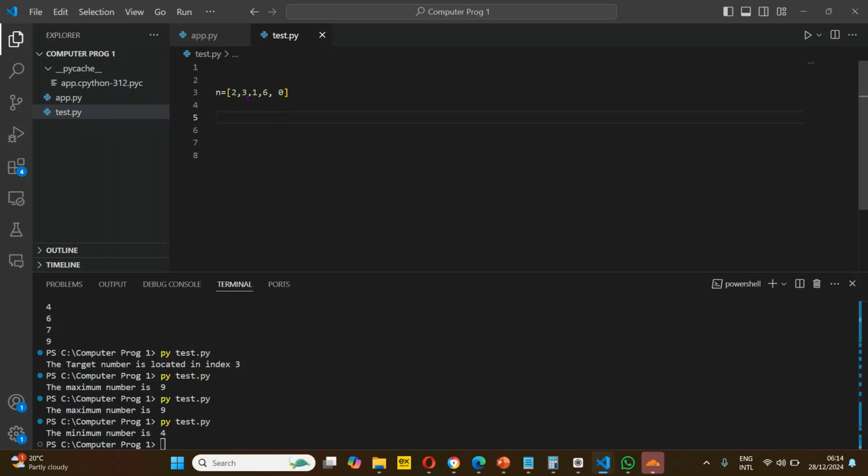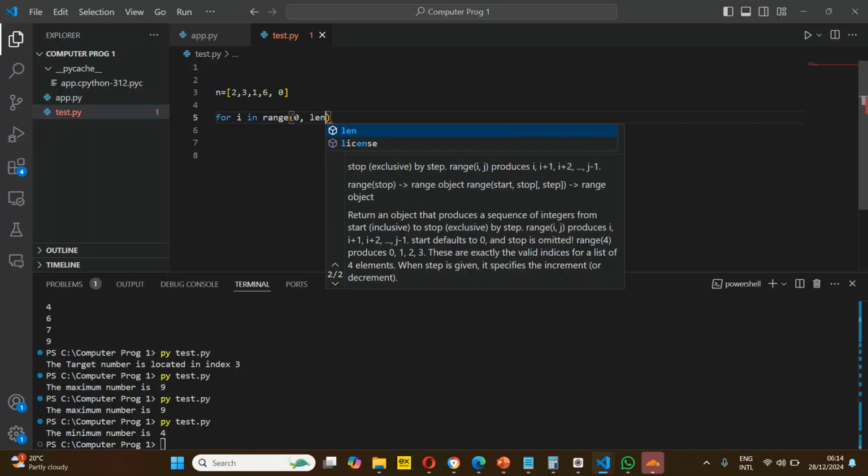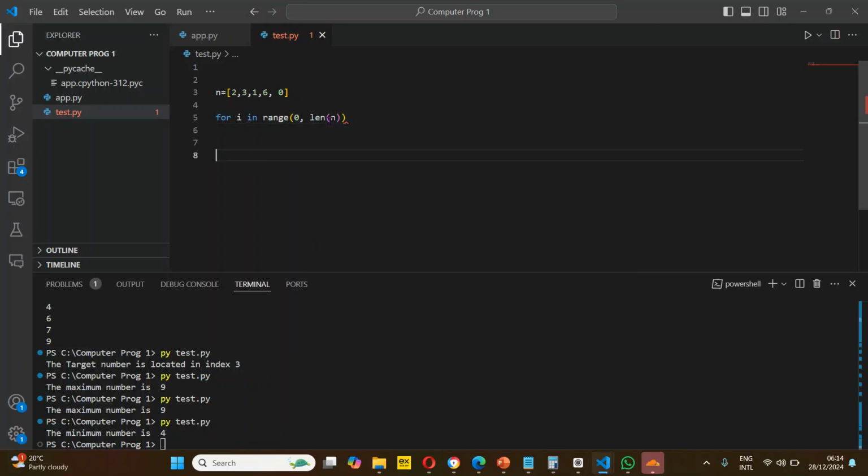Now let's assume that I iterate through this list twice. So for i in range, starting from zero up to the length of n. Remember what this means.